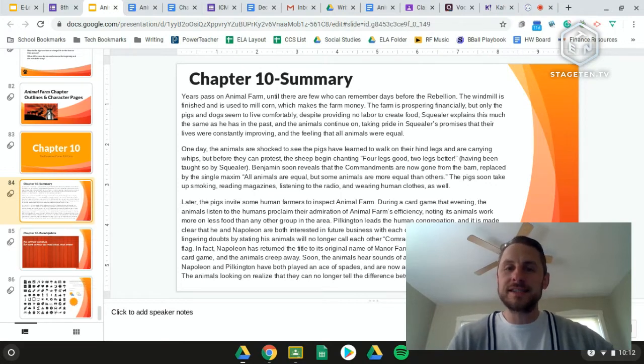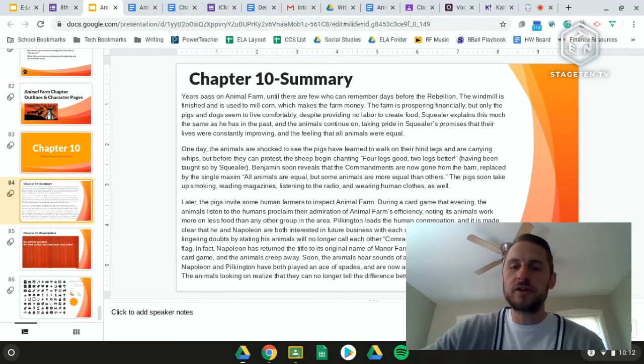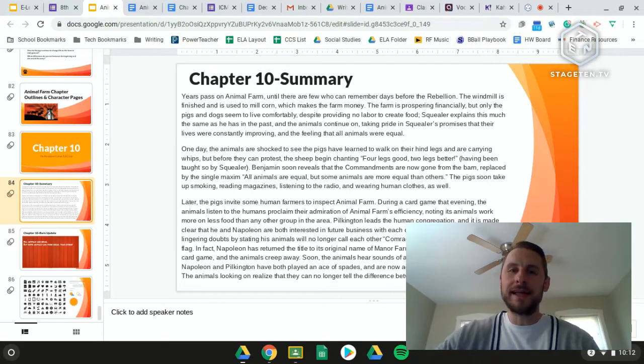Mr. Pilkington leads the human congregation, and it is made clear that he and Napoleon are both interested in future business with each other. Napoleon addresses any lingering doubts by stating that his animals will no longer call each other comrade or honor Old Major or the old flag. In fact, Napoleon has returned the title to its original name of Manor Farm.